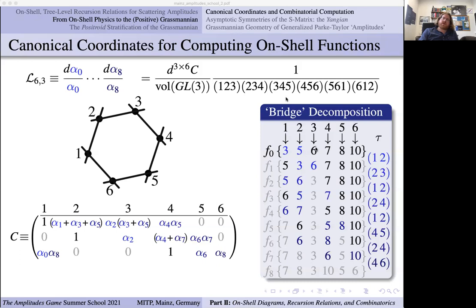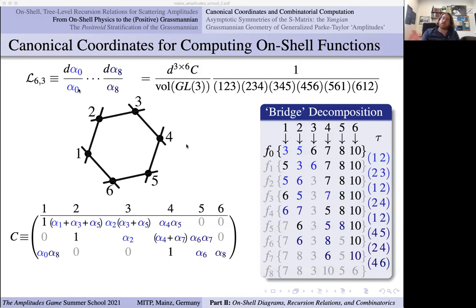And this form should be very suggestive and should hint at something like Parke-Taylor. Instead of 2 by 2 things, it's 3 by 3 minors. So this thing, 1, 2, 3 in parentheses, means the determinant of columns 1, 2, and 3. 2, 3, 4 means the determinant of 2, 3, and 4, etc. And this is the top dimensional form.